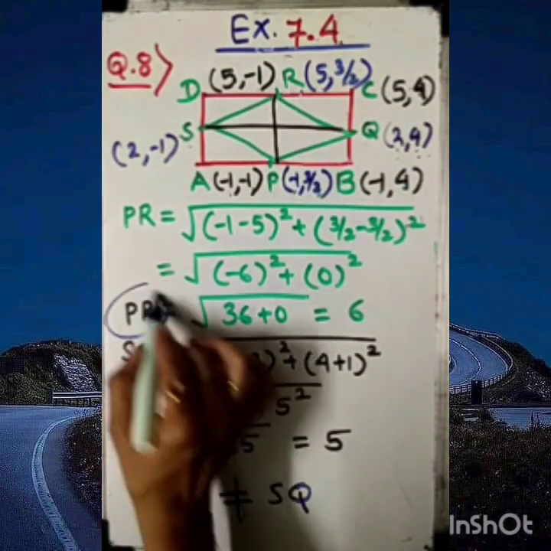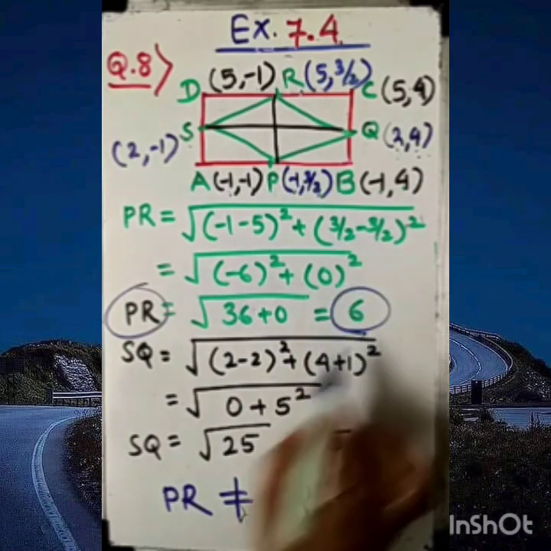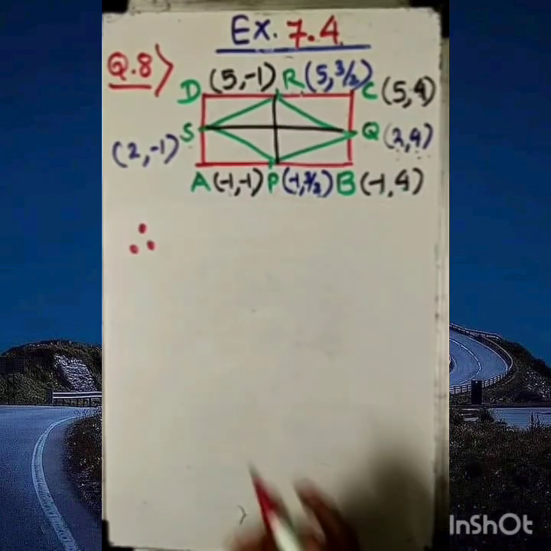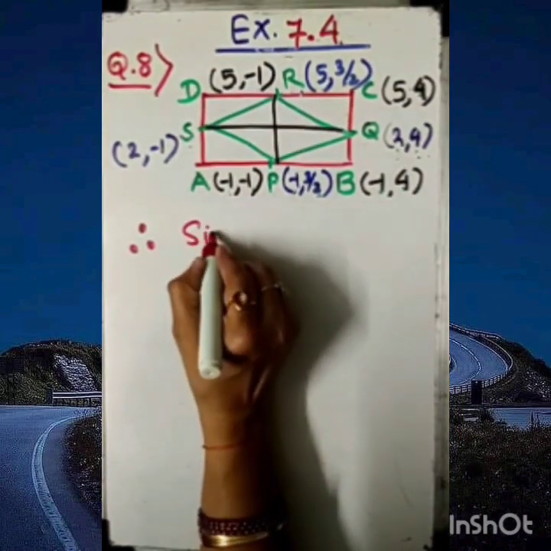Reason behind that, PR equal to 6 and SQ equal to 5 means diagonals are not equal, but all sides are equal. Therefore, let's work out on the last statement. We need to mention the final answer.